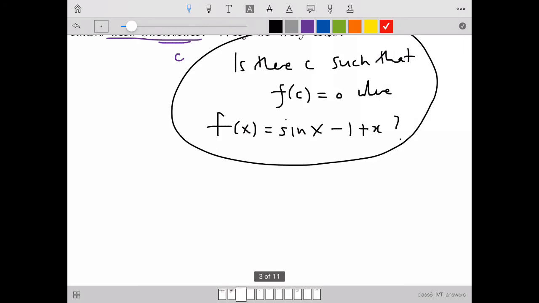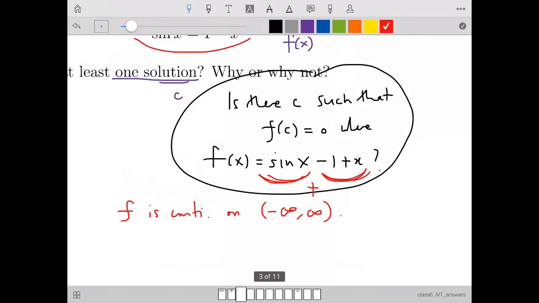Well, I see that sine x is continuous everywhere. This is a polynomial, continuous everywhere. If two functions are continuous, its sum is also continuous. So I know that f is continuous on minus infinity, infinity, for every real number. So all we have to do is find a and b such that 0 is between f of a and f of b.